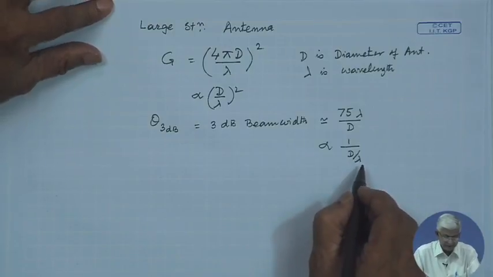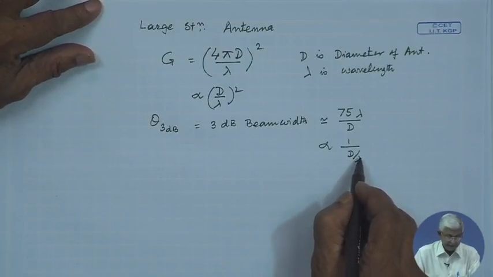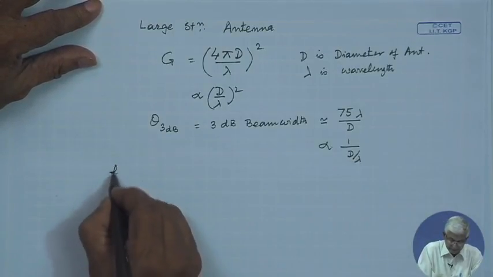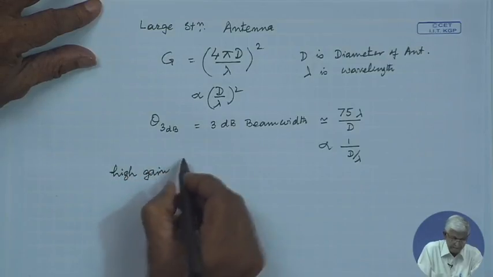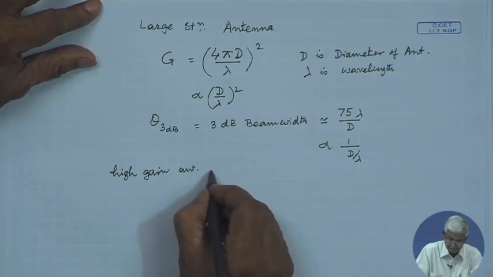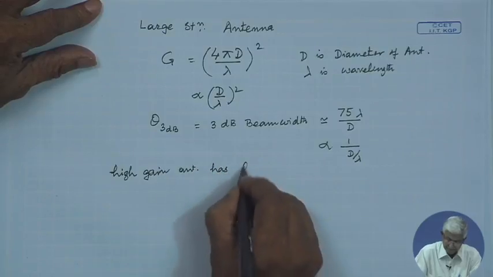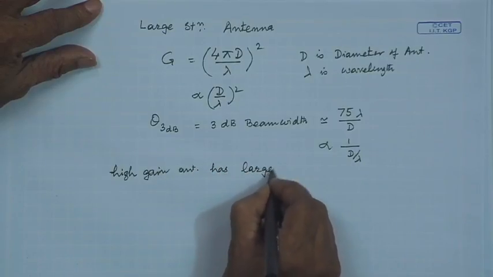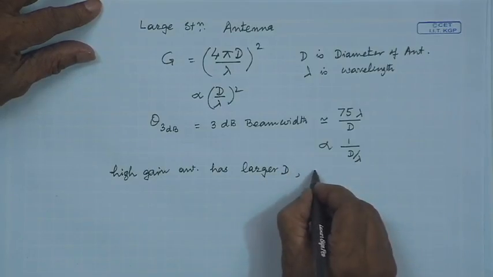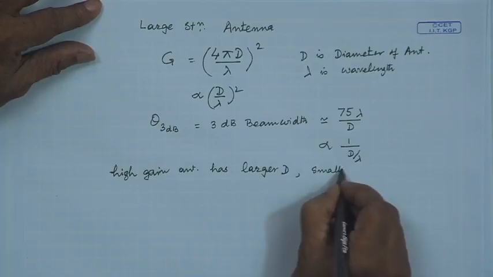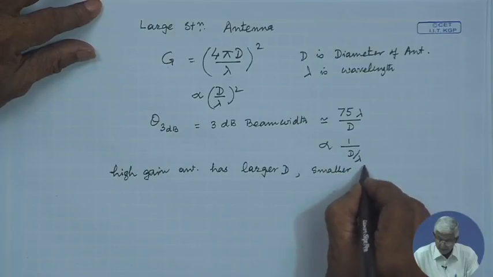So, one interesting thing we see is that a high gain antenna has larger diameter d and smaller beam width.